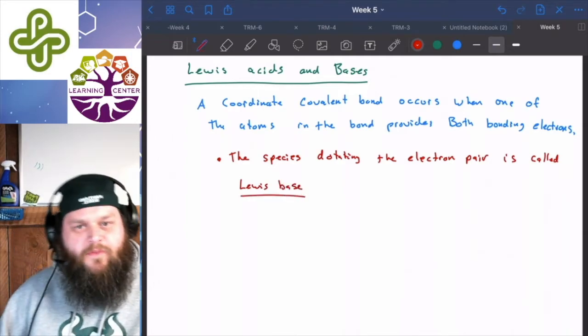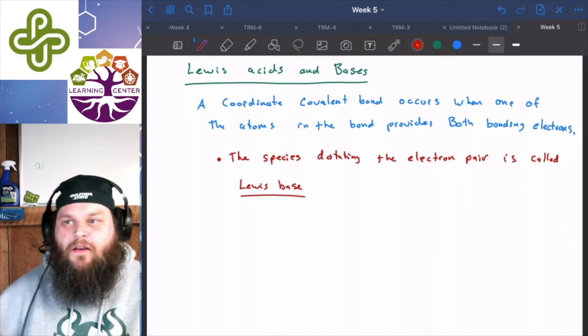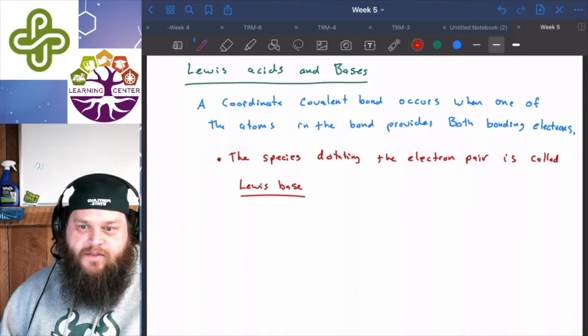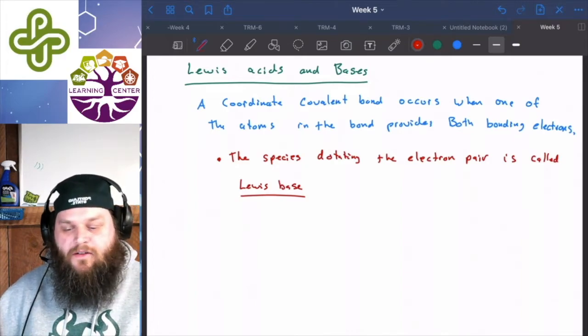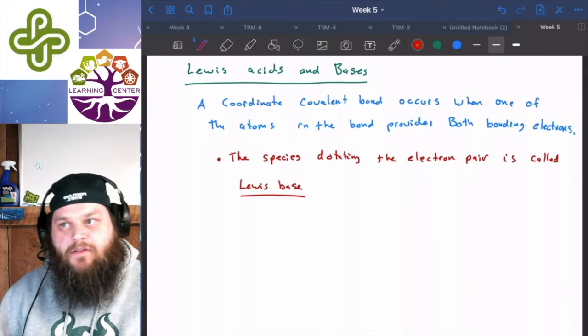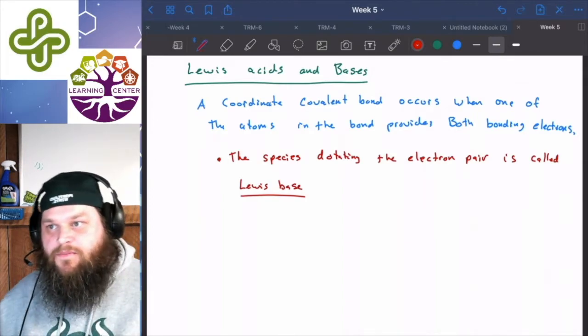So this is the same as what we've dealt with before with the bases. Since the hydrogen ions never have any electrons for themselves, the other complex or the other species is usually the one who provides all the electron pairs. So that's going to be the base in the situation.